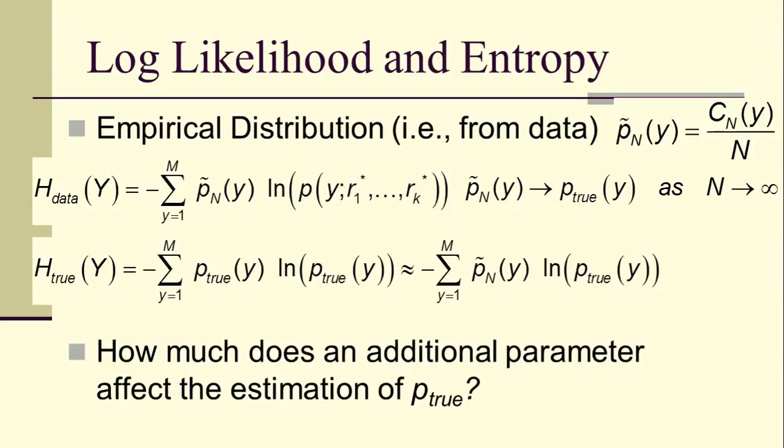But for a very large n, that's approximately negative the sum, y equals 1 to m, of p tilde times the natural log of p true. So what we want to do is look at the relationship between the entropy based on the data, in other words the maximum likelihood estimate, and the true entropy of the variable. In particular with the question of how much does an additional variable affect the estimation.